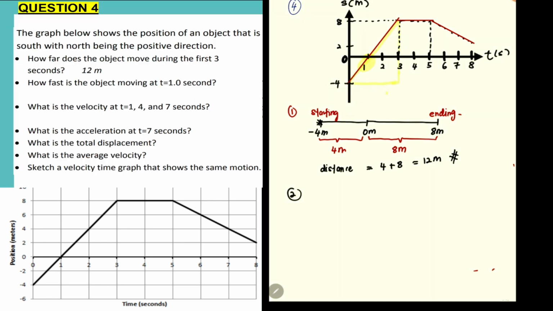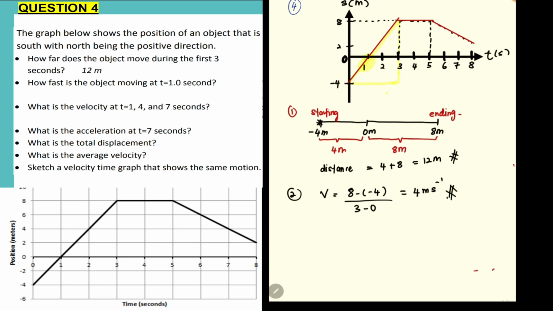The gradient is equal to y final minus initial, so 8 minus negative 4, and x is 3 minus 0. So 12 over 3. The answer is 4 meter per second. This one should be V. So 4 meter per second.